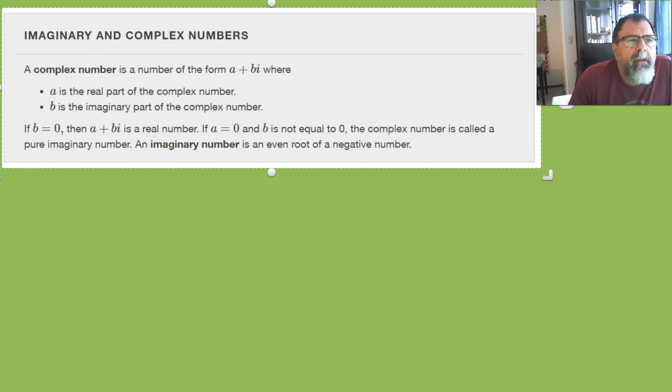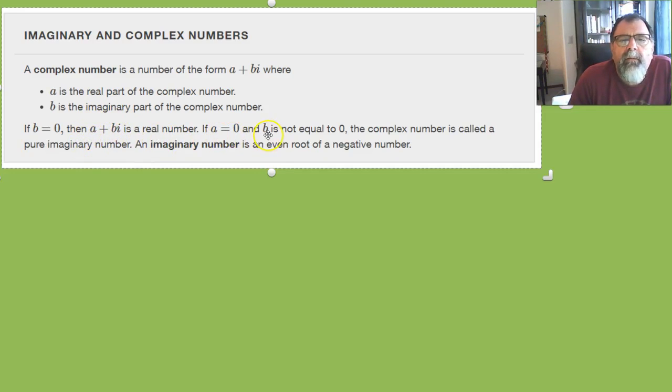Alright, now we're ready to talk about imaginary and complex numbers. A complex number is a number of the form a plus bi, where a is the real part of the complex number and b is the imaginary part. If b equals 0, then a plus bi is a real number, because you're just left with the real part.